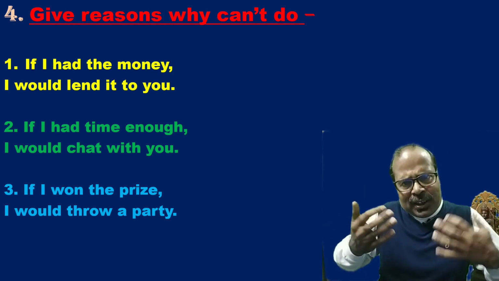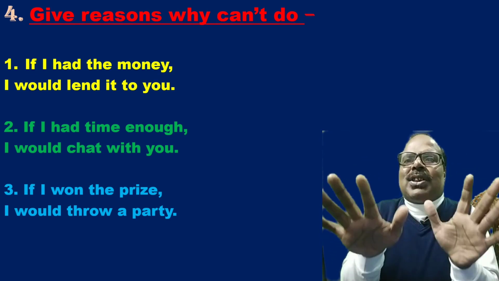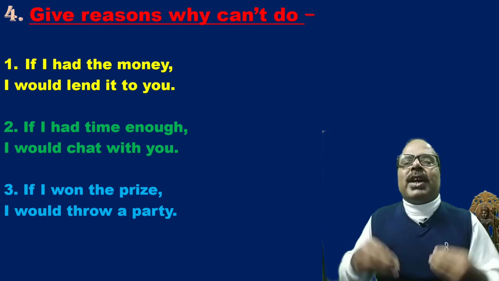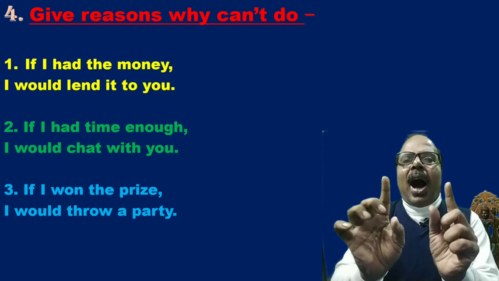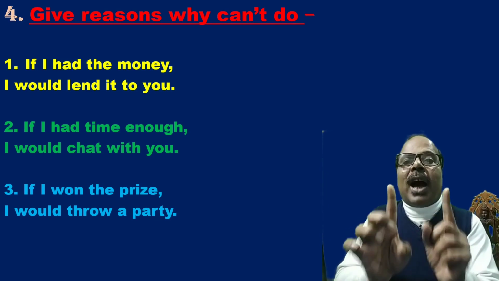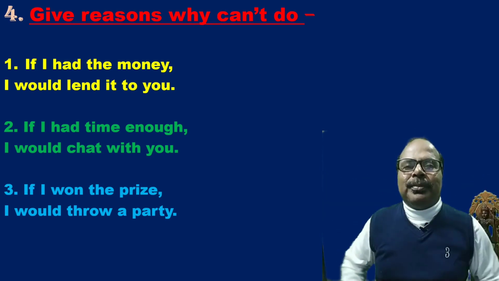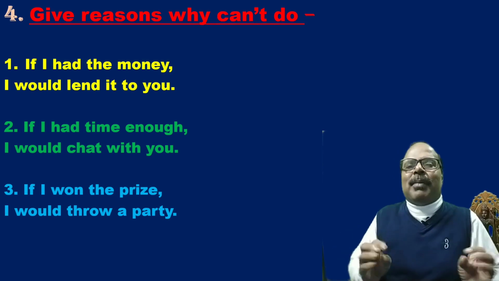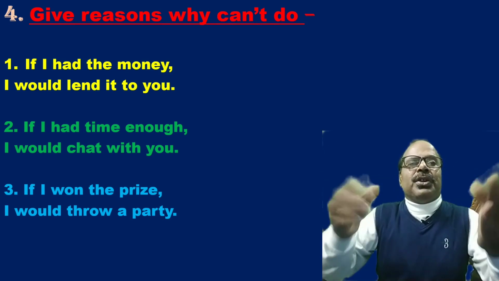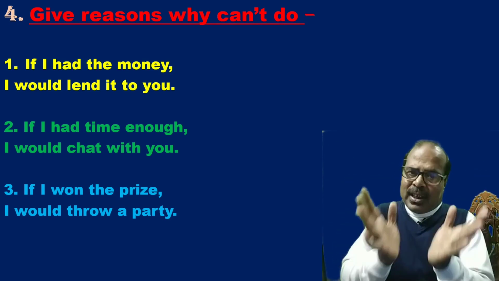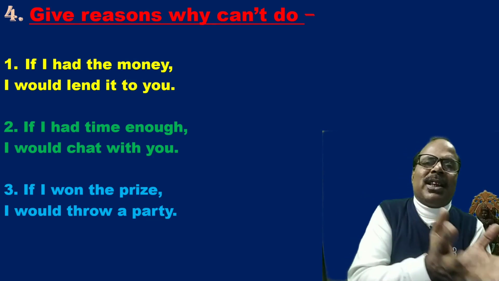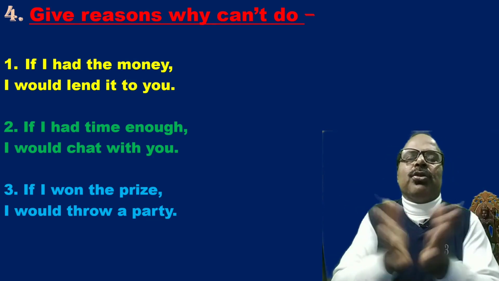If I had the money, it clearly gives the reason that I don't have the money, and that is why I cannot lend it to you. So if I had the money, I would lend it to you. So the reason is given here, why I cannot lend you the money.